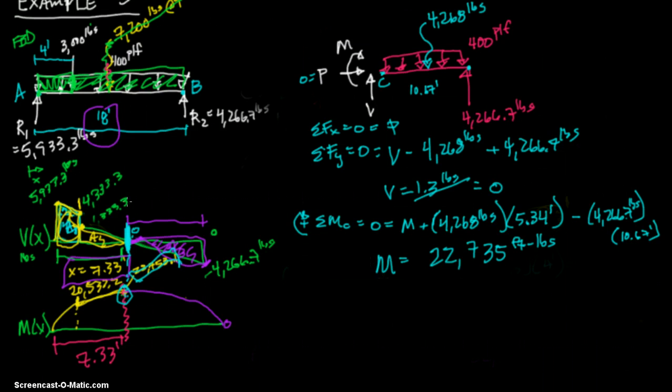Alright, well I hope that was helpful and gave you a little bit more intuition. For instance, if you wanted to cut it at this point, you could find the moment at that place, and you could find the shear, and the shear should match up, and the moment should match up. You could cut it at this place, and it should do the same.